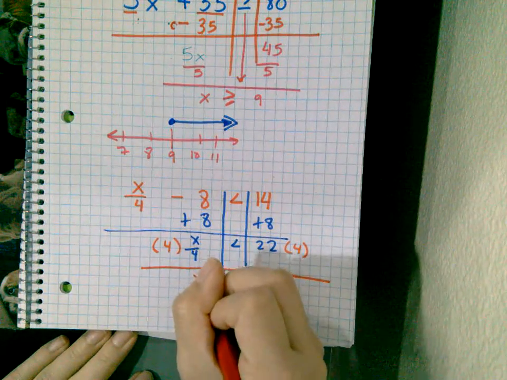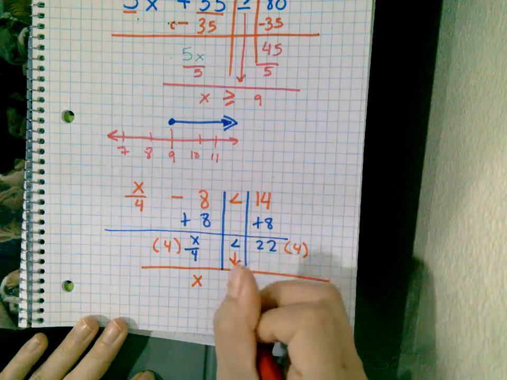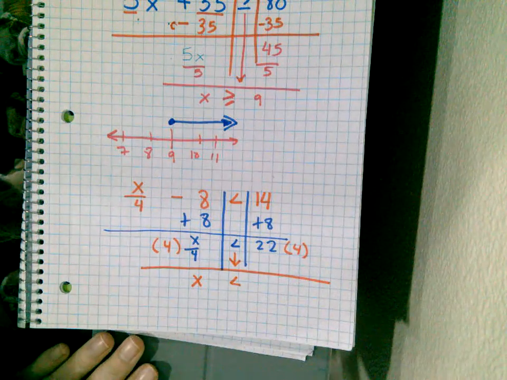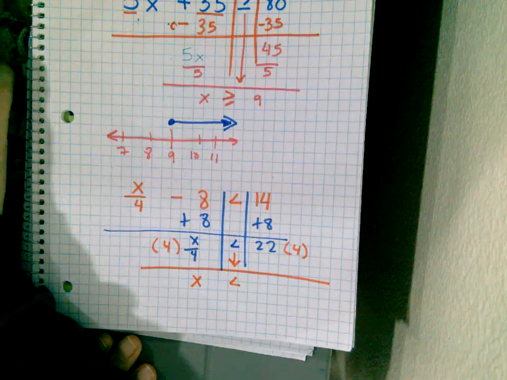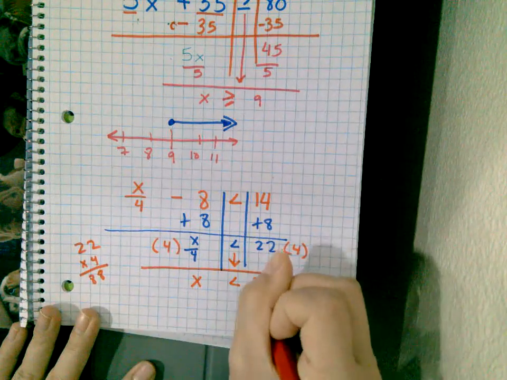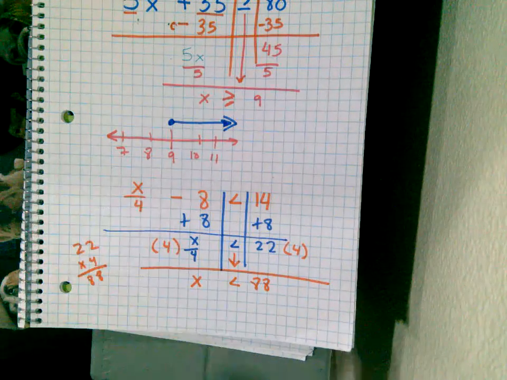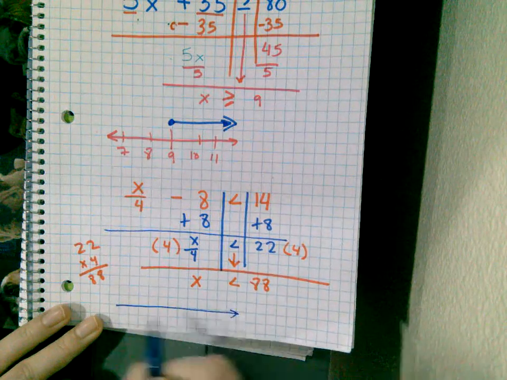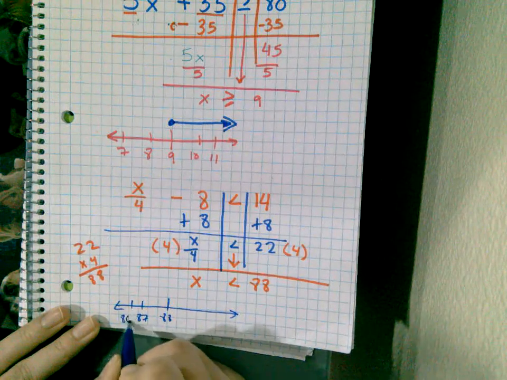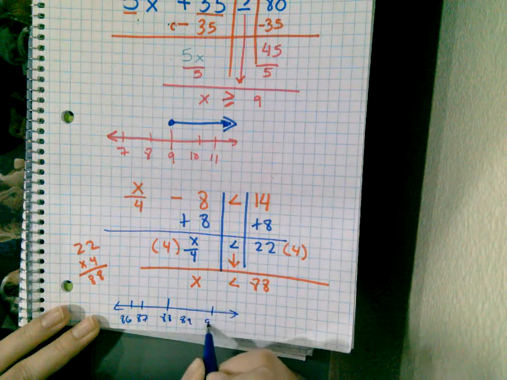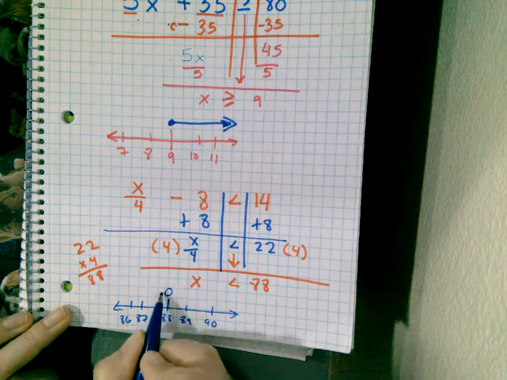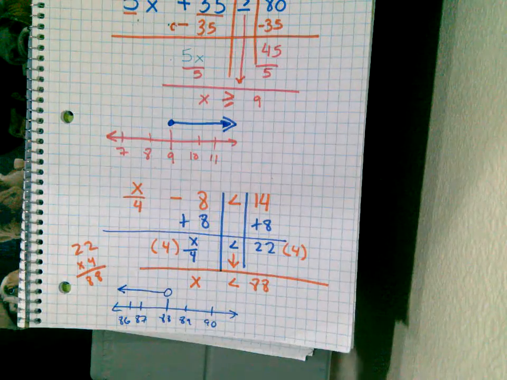So here we have x is, bring this down, less than 22 times 4. 22 times 4 is 88, right? So we're going to draw it. 88 in the middle, 87, 86, 89, 90, and then open circle, and you're going to shade that way, right?